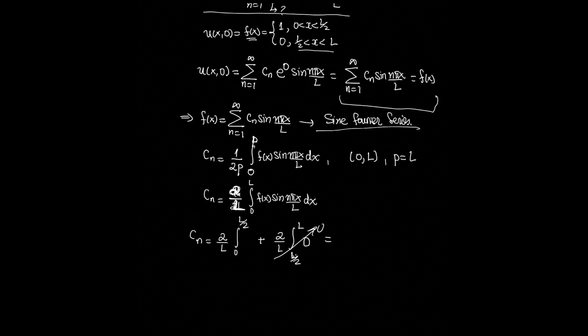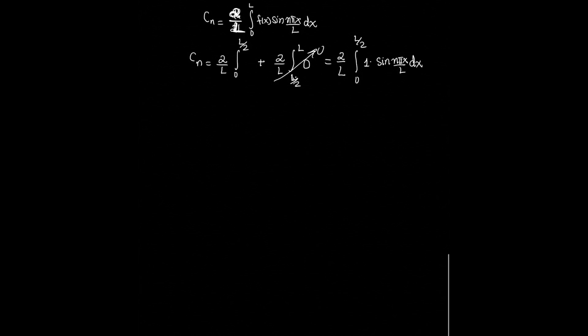So I just end up with 2 over L, integral from 0 to L over 2, then I have the function is 1 times sine n pi x over L dx. Okay, now from here, I have Cn equal to 2 over L integral from 0 to L over 2 of sine n pi x over L dx.